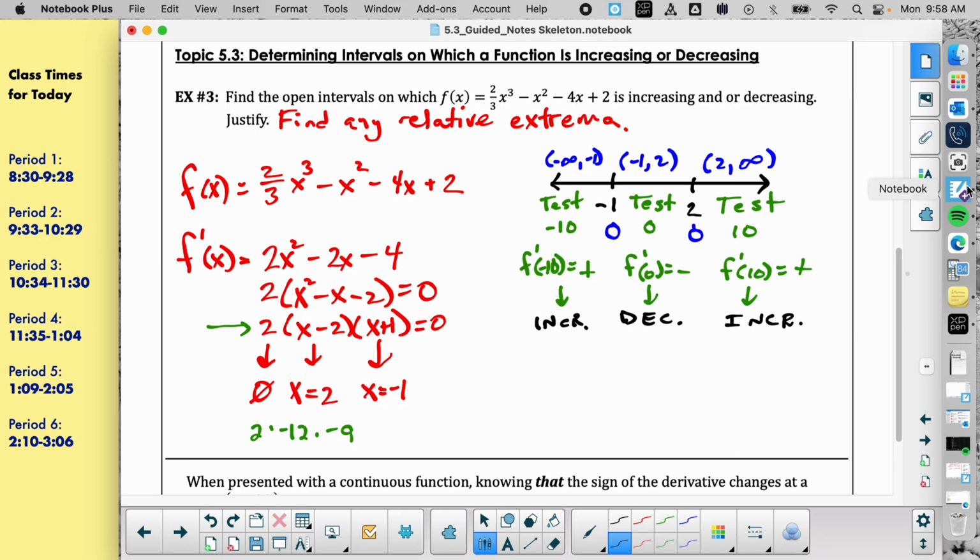So try not to get in the habit of just alternating. Okay, so relative extrema can only happen at the critical values. We had 2 critical values, and they don't have to be a max or a min, but they can be.